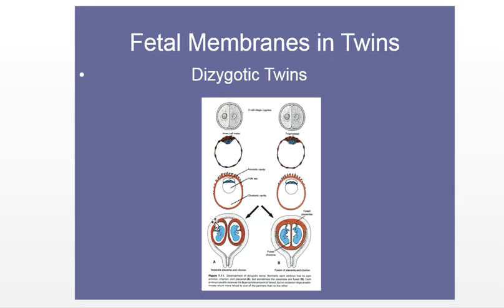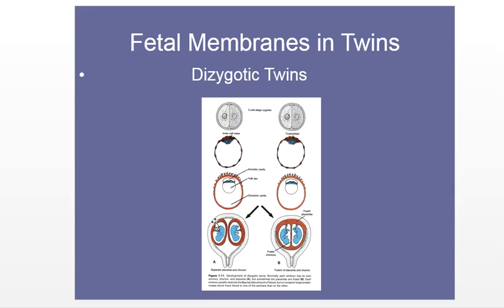Approximately 90% of twins are dizygotic or fraternal, and their incidence increases with maternal age, doubling at age 35 years old, and with fertility procedures including assisted reproductive techniques.